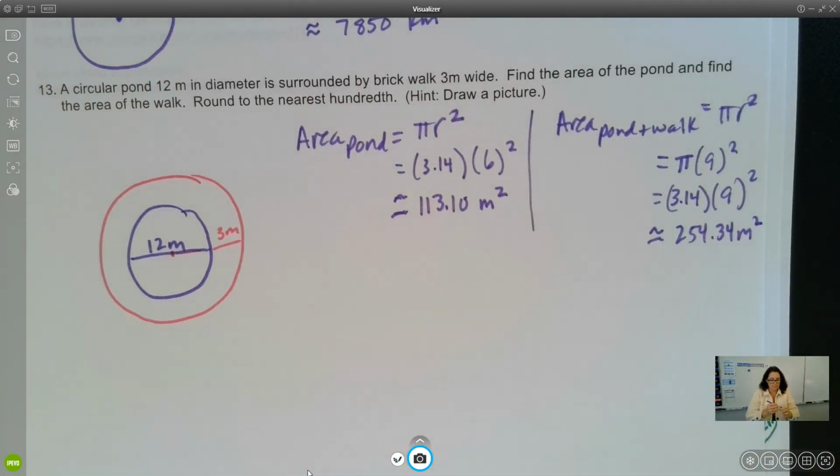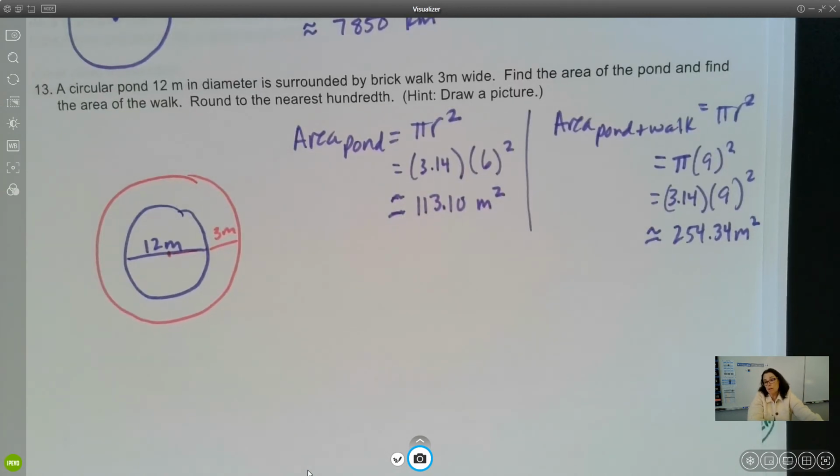Now I want you to think of a lifesaver, the candy lifesaver. If you're trying to find the area of the lifesaver, don't you find the area of the bigger circle around the outside and subtract out the hole? So to find the area of just the walkway, we're looking for this.